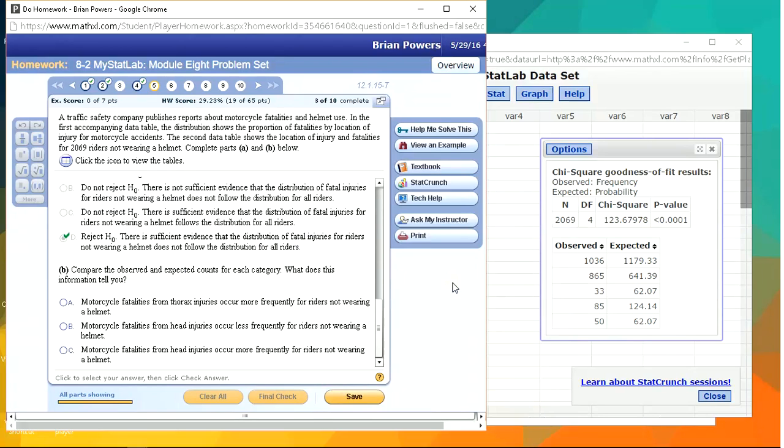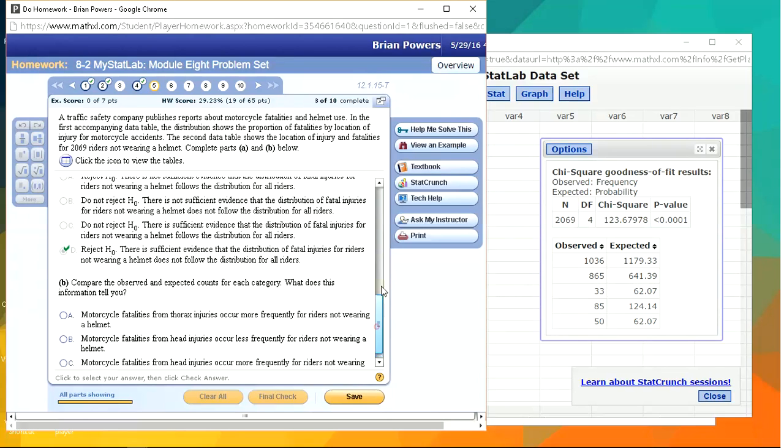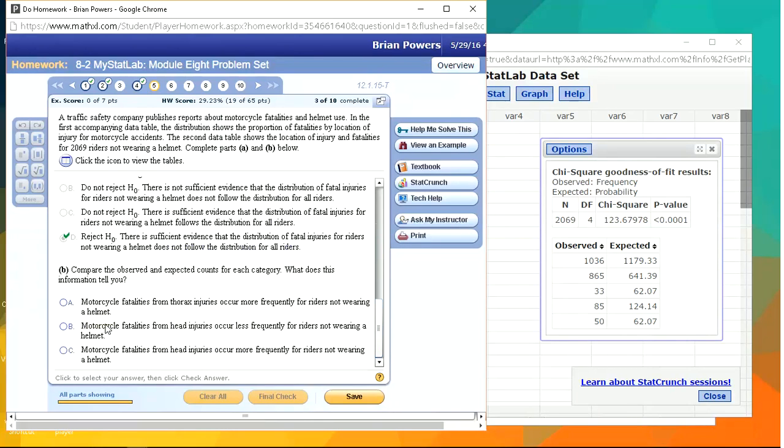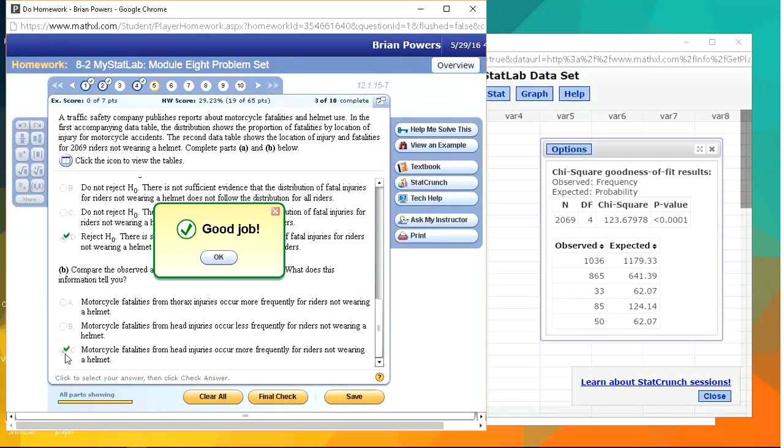From the observed and expected numbers, they seem to be getting more injuries in multiple locations, fewer head injuries. No, more head injuries, fewer in the neck, fewer in the abdomen, fewer in all the others. They seem to be getting more head injuries. Motorcycle fatalities from head injuries occur more frequently for riders not wearing a helmet. That's the conclusion.